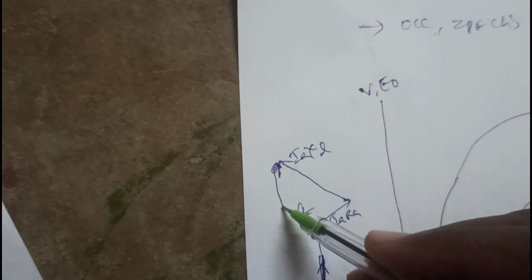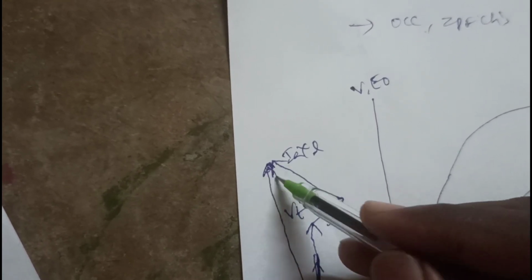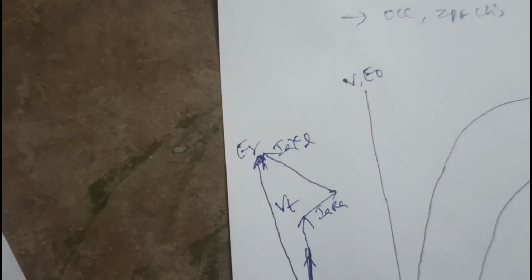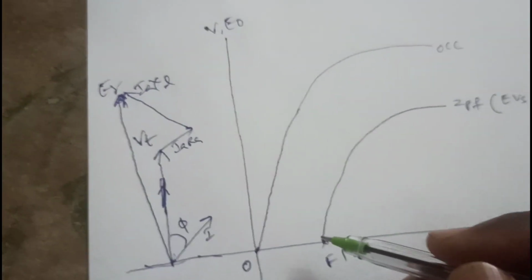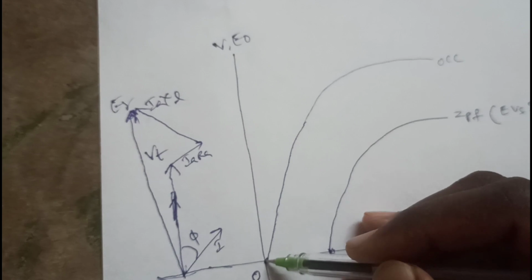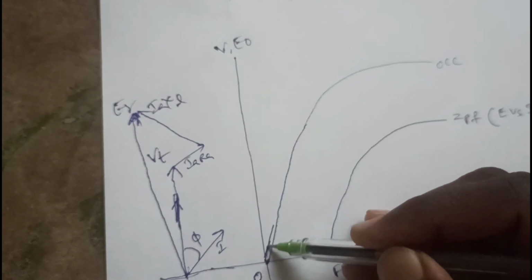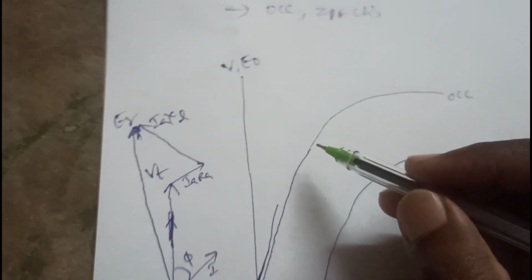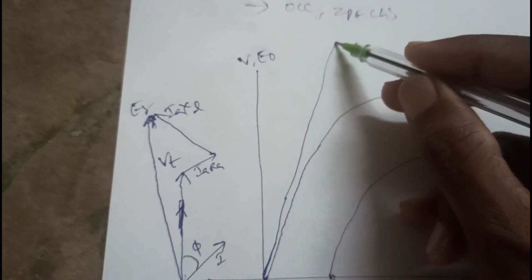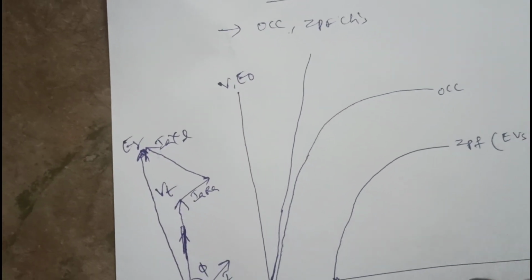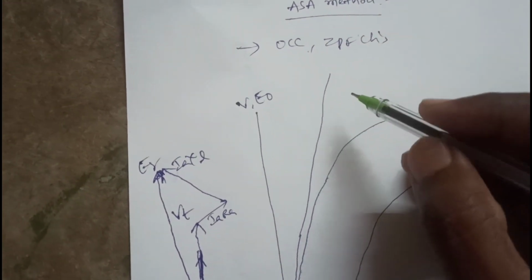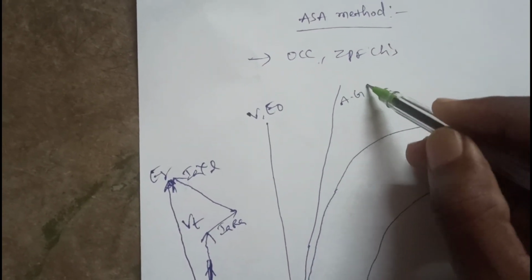Then you get one point. This point is simply called ER. After that, from the origin draw a tangent line. This tangent line is also called the air gap line.